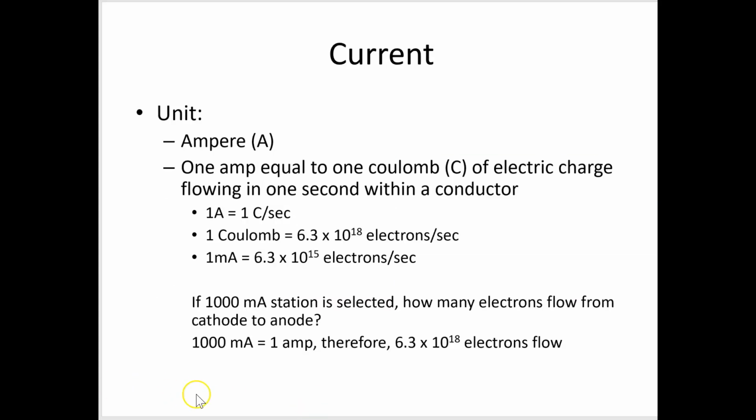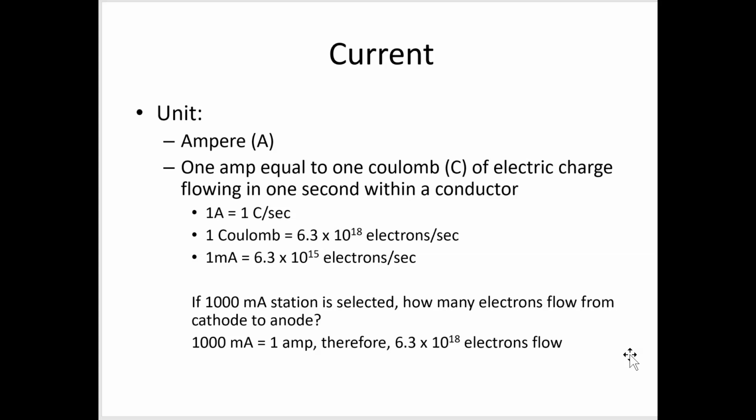So let's look back at some terminology to do with current. The unit of current is the ampere, and the definition of ampere is 1 amp is equal to 1 coulomb of electric charge flowing in 1 second within a conductor. And that means, what is a coulomb? If you remember, a coulomb is 6.3 times 10 to the 18th electrons.